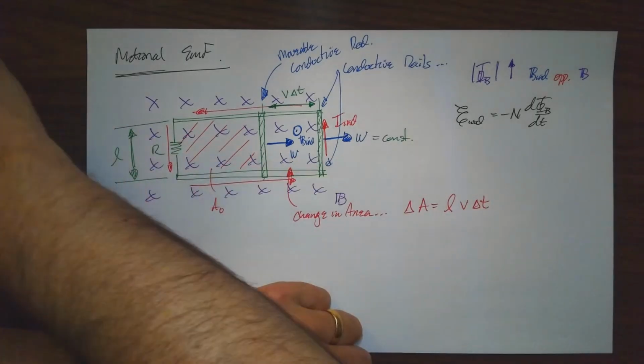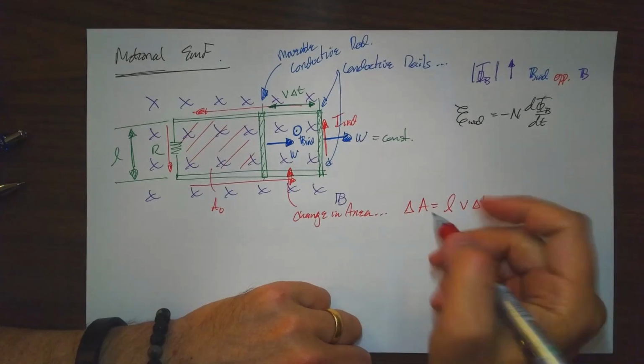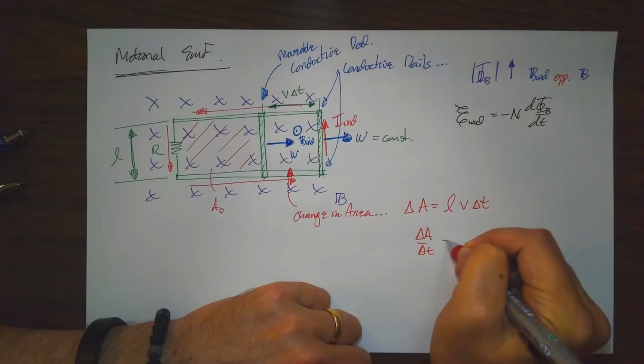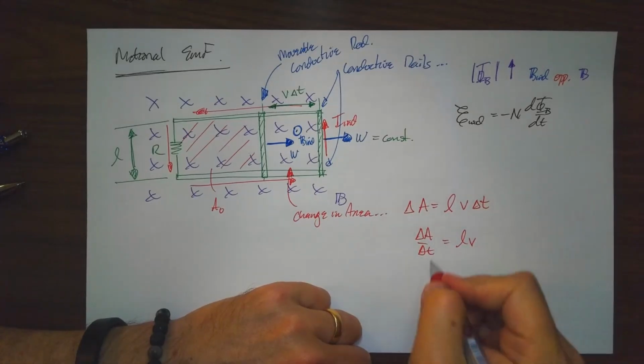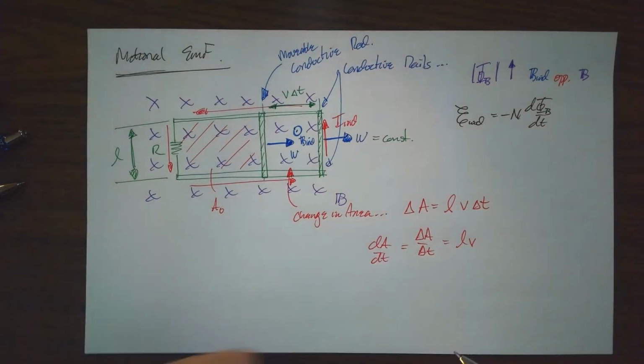And what I probably should do is I did a definite type of thing, so then I can get that my change in area over the change in time is the length times the speed. And so then you can write this as dA dt once you take your limit, going from the difference quotient to the derivative.